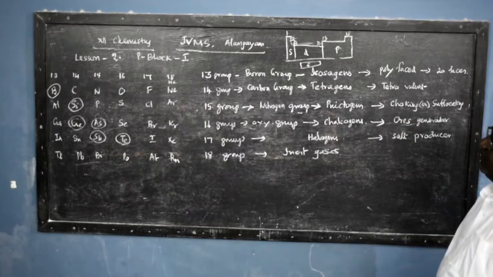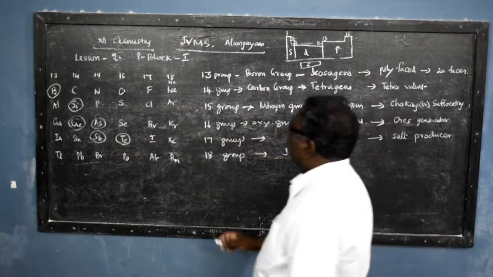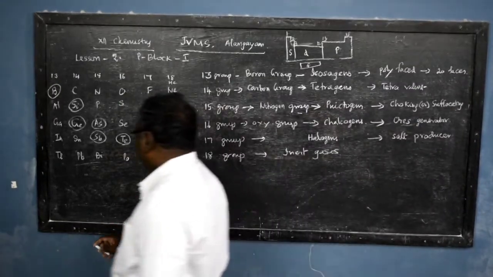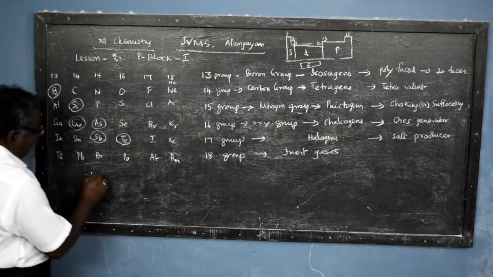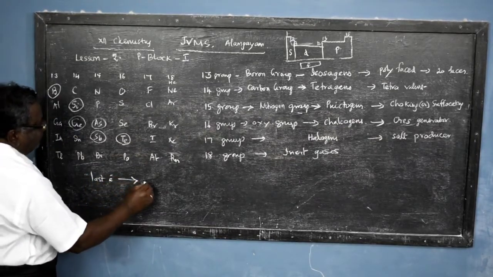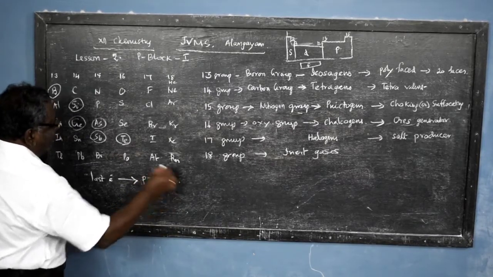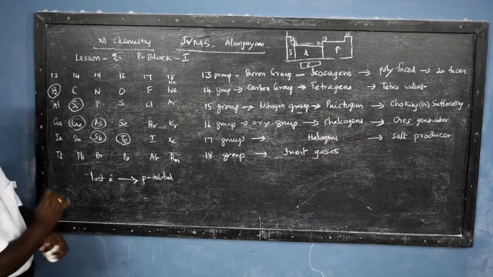So what is P block? So how to define P block? The elements in which the last electron goes to p orbital is called P block elements.